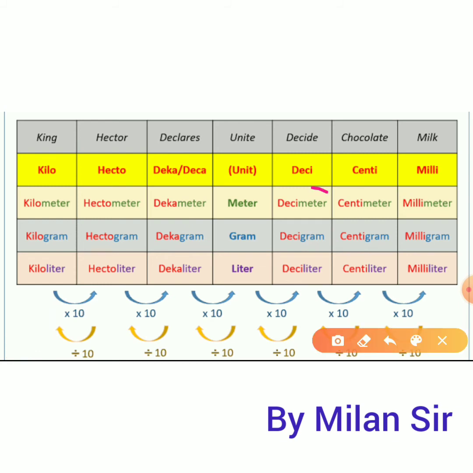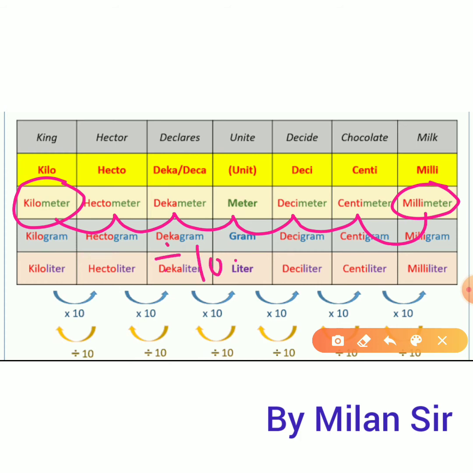From decimeter to hectometer, divide by 10 three times, so total divide by 1000. From millimeter to kilometer, divide by 10 six times, so we need to divide by a 1 with 6 zeros.